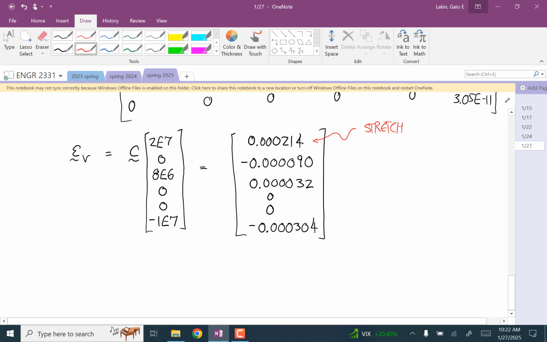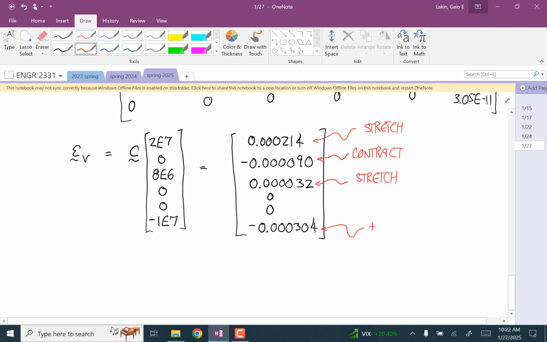Along the y-axis, is it stretching or contracting? Contracting. And z, stretch. Nothing for those two. And then here, this is the XY shear stress.